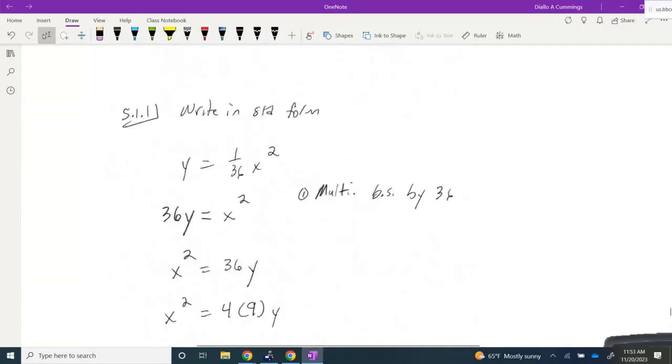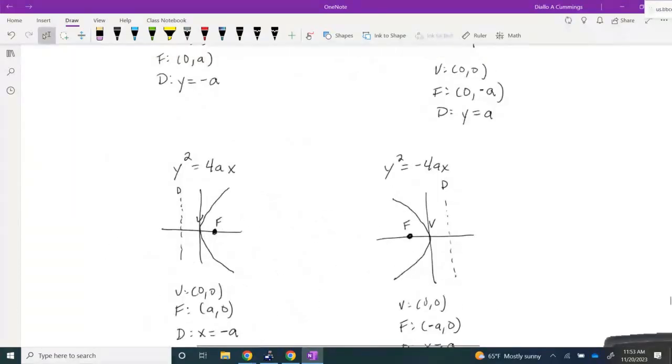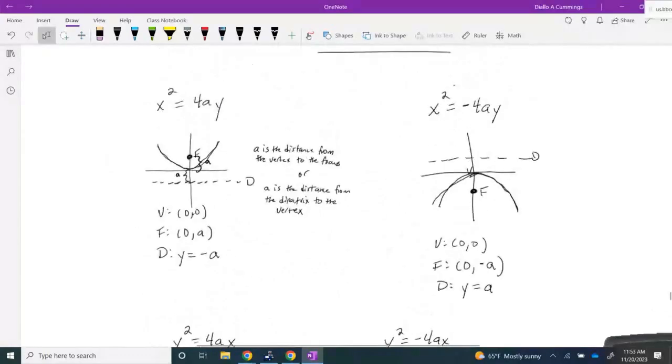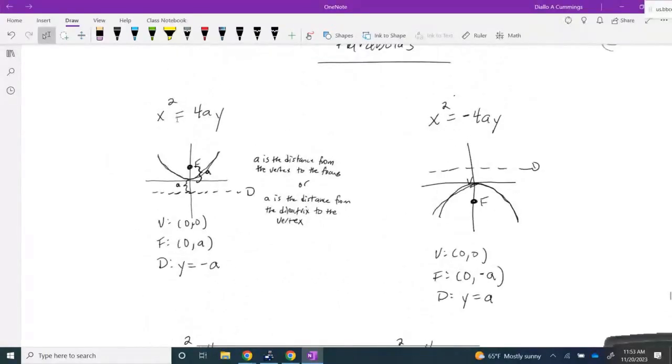So if we go back to our model forms, I believe that would be this first model form, right? Because the x is squared, and the coefficient for y is positive 28. So we factored out 7 to give us the magic number for A. So what would be the coordinates for the focus? It would be 0, comma A, or in our case, 0, comma 7.